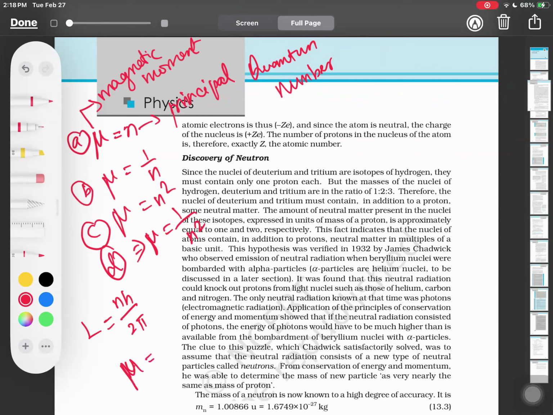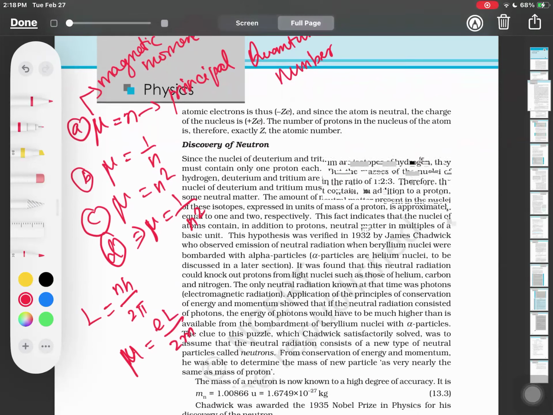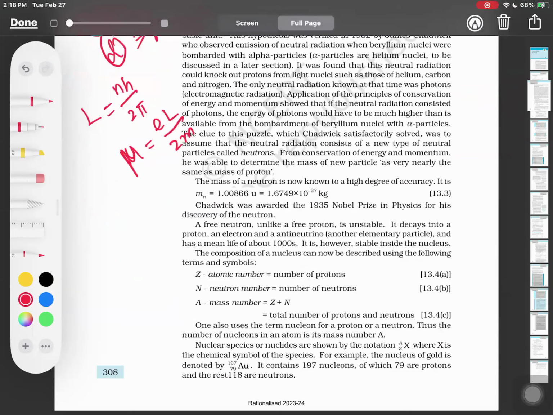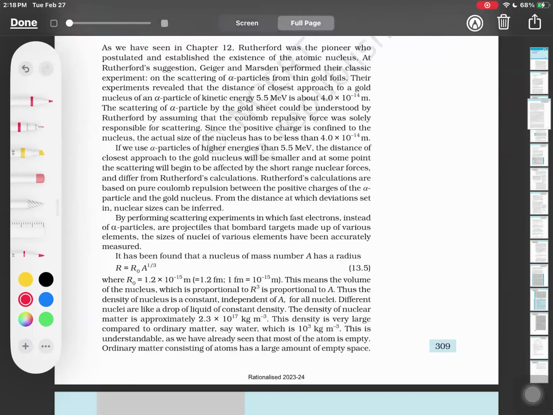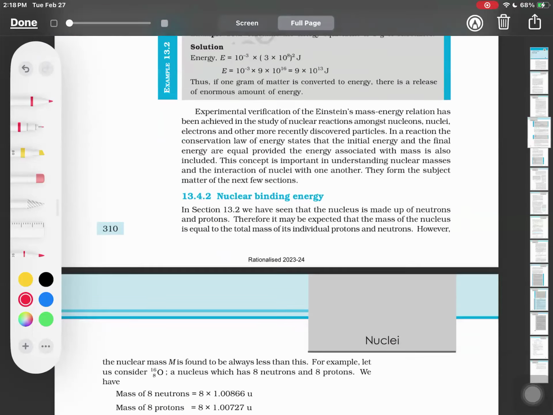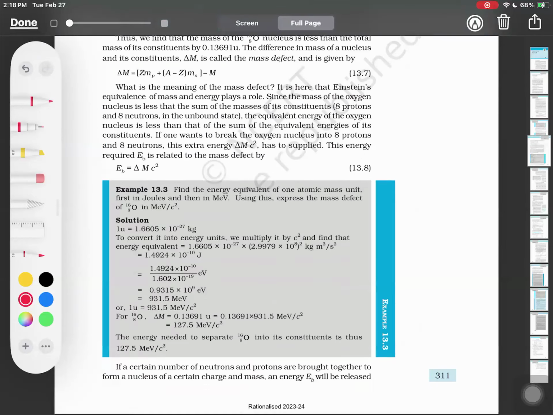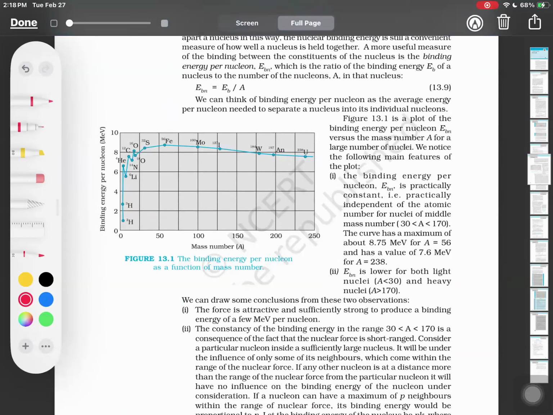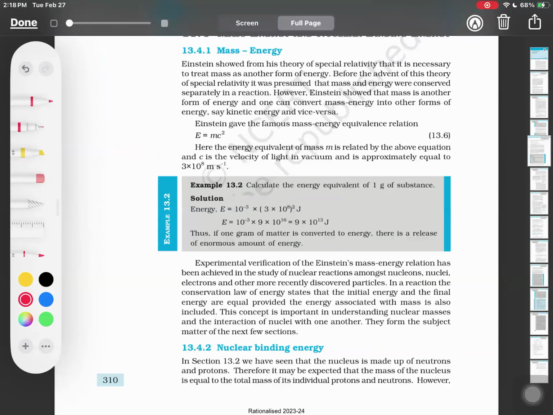Mu, the magnetic moment, is equal to eL by 2m. That also you have studied, right? In the previous lessons, it is connected to the previous lesson. Keep in your mind these two expressions.